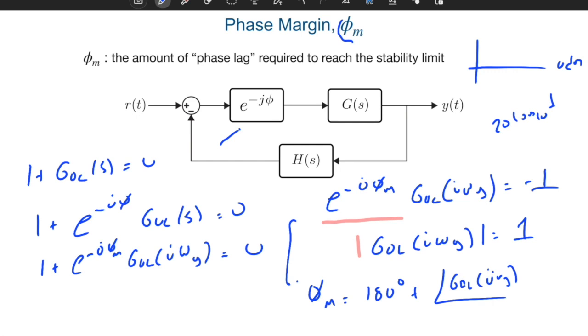So in order to compute the phase margin of the system, you first compute the gain crossover frequency, compute the phase at this point, and the phase margin is equal to 180 degrees plus the phase of the system at this specific frequency. So this is the formula. Actually, computing this from the Bode plot is super easy, much easier than computing it by hand or showing it on the slide.